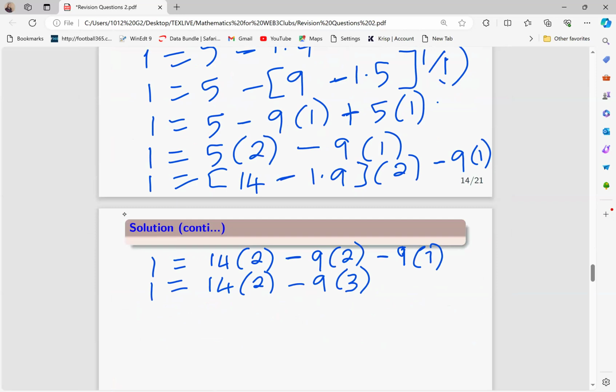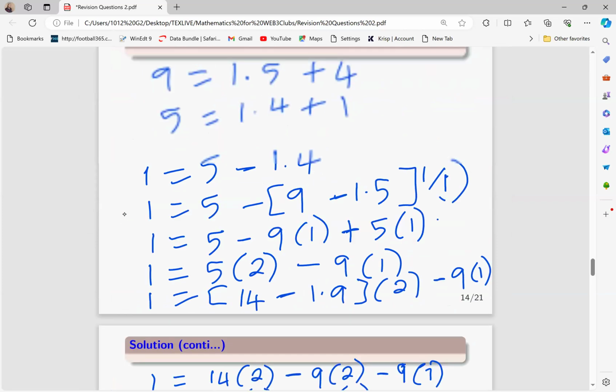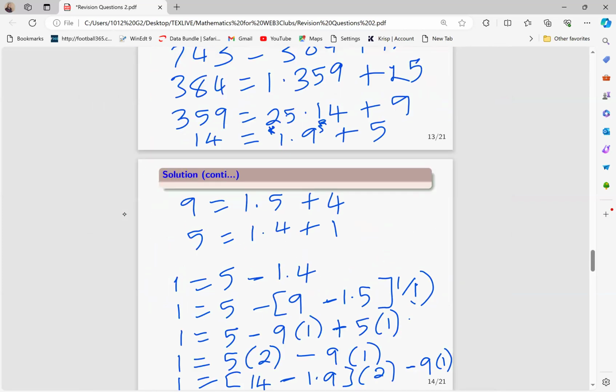Now we rewrite 9. 14 times 2 minus 9 becomes 359 minus 25 times 14.